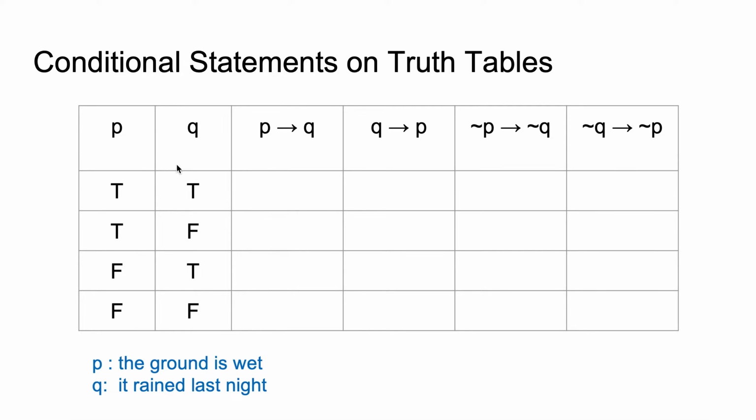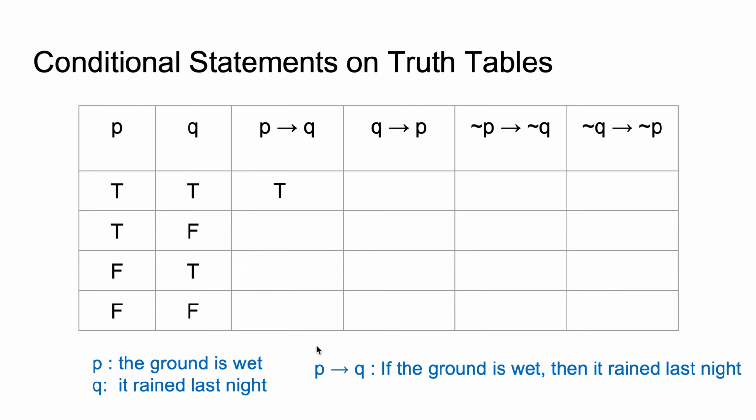So if both P and Q are true, then this statement here, if P then Q, is true. If the ground is wet, then it rained last night. If both the ground is wet and it rained last night, then the statement is obviously true.